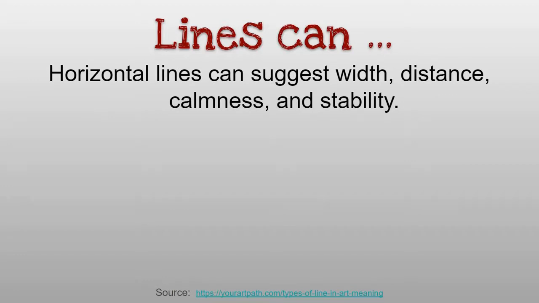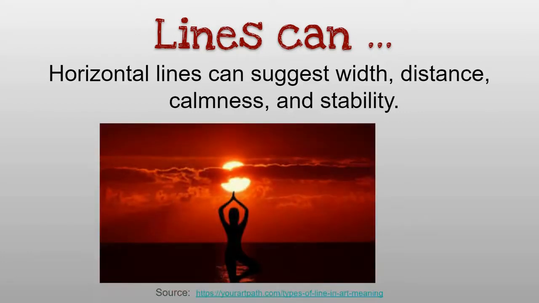And here's another example with some tall trees along a path. Horizontal lines can suggest width, distance, calmness, and stability. And here are some examples of horizontal lines in pictures. Another picture with the horizon. But does this picture give you a feeling of peace, stability?